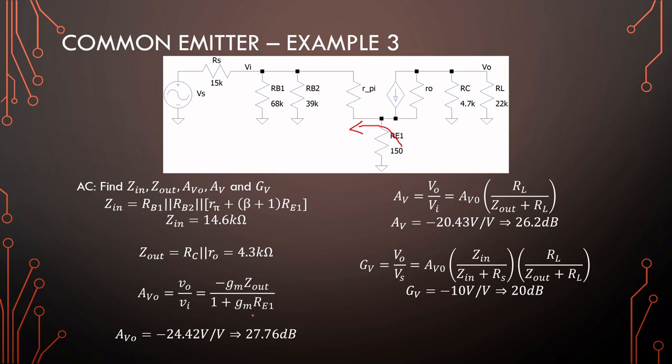Right, so there are books that use this equation of AV0 for this configuration would be RC over RE1, but that is based off the assumption that 1 plus GMRE1 is much greater than this 1, and then the GMs can cancel.